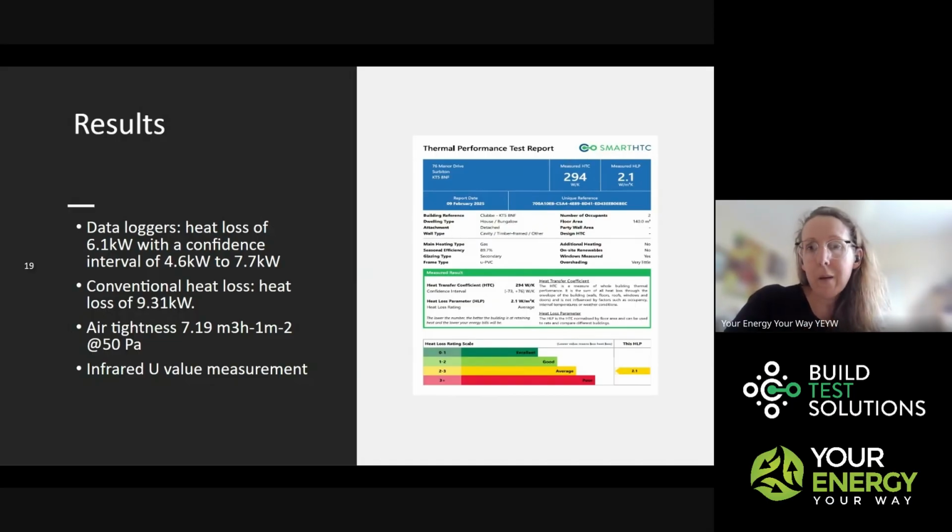Now, that is way below the U value that people normally assume for a solid brick wall. There was a little bit of variability between the two spots, but that gave us the confidence, combined with having done the data loggers, to realize that, yeah, we could go for the 8 kilowatt heat pump rather than the 12.